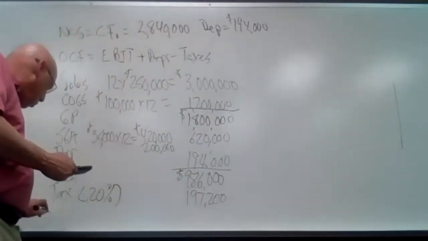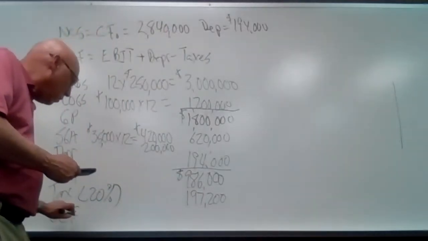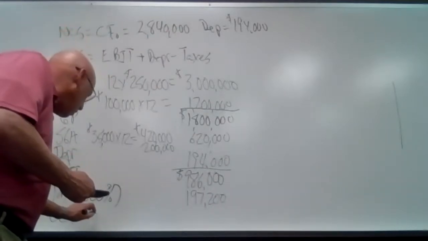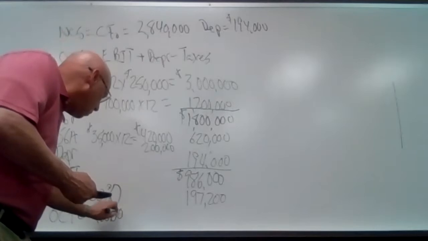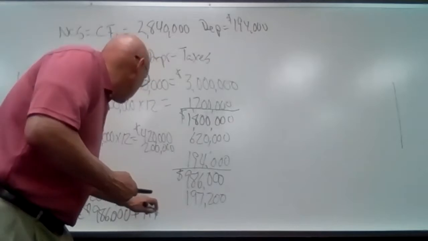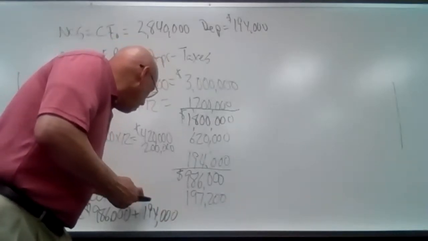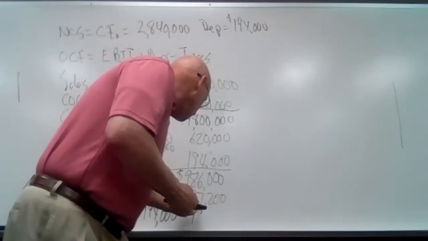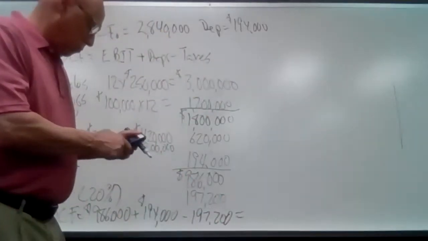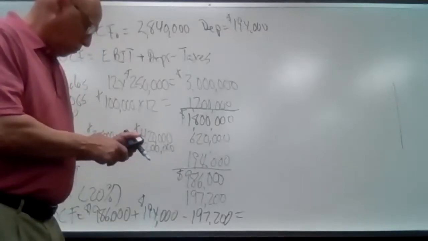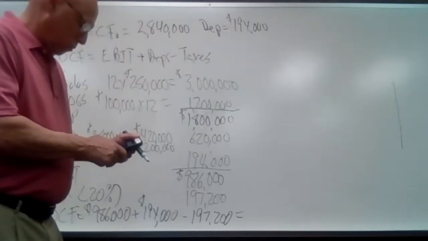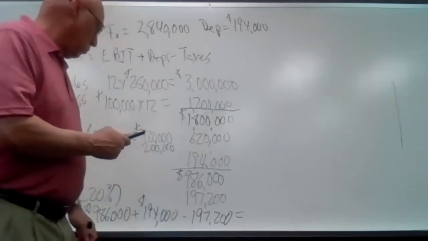All right, so OCF is equal to EBIT, 986,000, plus depreciation, minus taxes, so what do you get? $982,800.